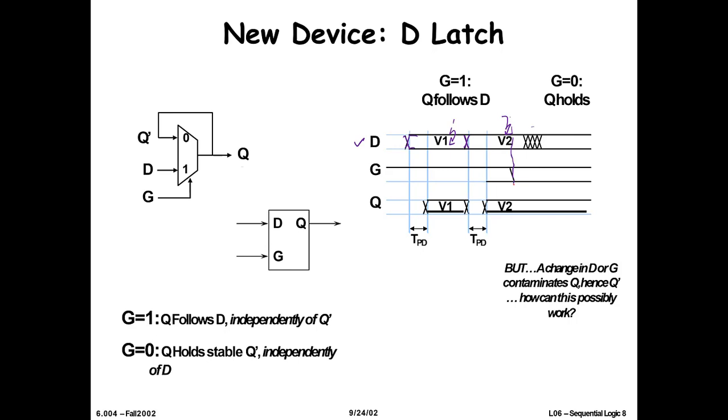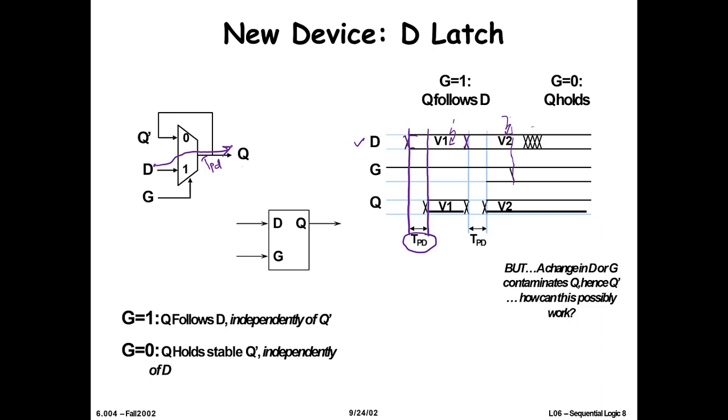Whenever the gate is 1, whatever you have on D is on the input. So you see that here our input is changed, so our output also changed, but after a certain amount of time, that is called TPD, which is the propagation delay of the mux. It is basically the propagation delay of D to go from here to here.